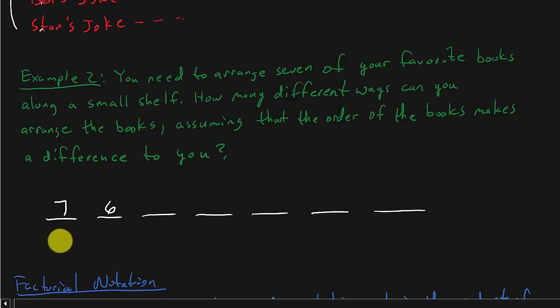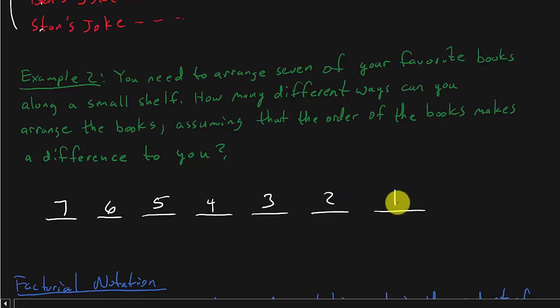I took one of those books and put it on the shelf right here, and that book's not up there anymore. There's only 6 books left, so I only have 6 to choose from. And then for the third spot, there's another book gone, so there's only 5 books left to choose from. And then 4, 3, 2, 1.